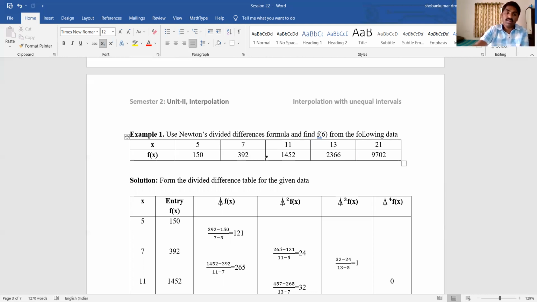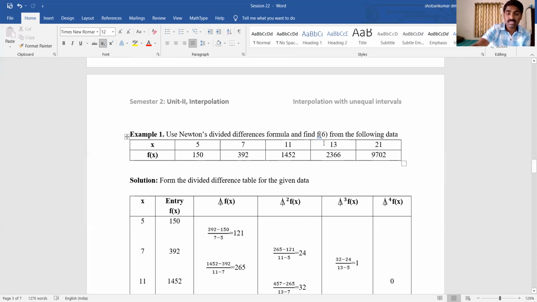Here the arguments are 5, 7, 11, 13, and 21. The x values are unequally spaced and the corresponding values of f of x are 150, 392, 1452, 2366, and 9702. Now I have to find f of 6.